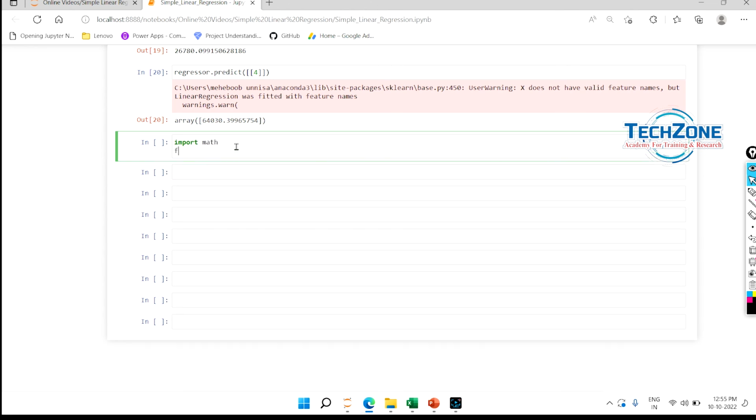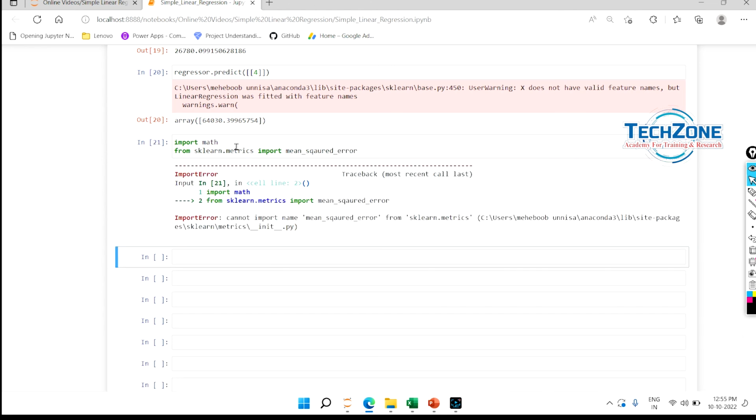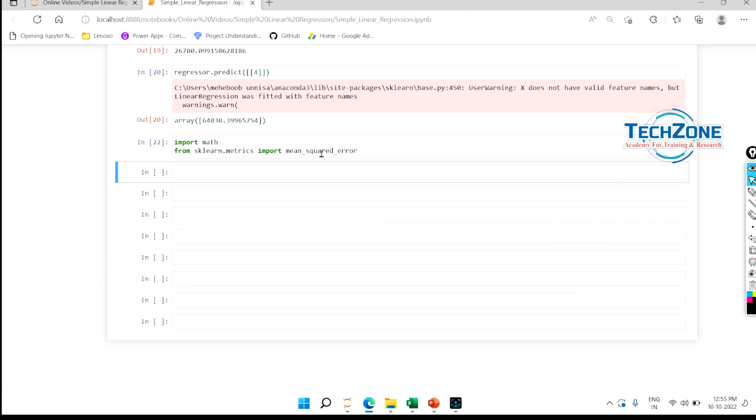Import math, and from sklearn.metrics we will import mean_squared_error. Sorry, the spelling was wrong.